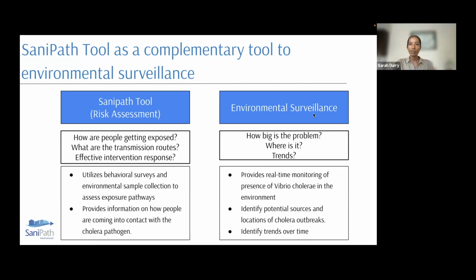Whereas in environmental surveillance, we're really looking more at, how big is the problem, where is it, and what are the trends. So we really believe that the SaniPath tool and risk assessment tools are a complementary tool to environmental surveillance to really get to the bottom of some of these outbreaks that we're seeing.